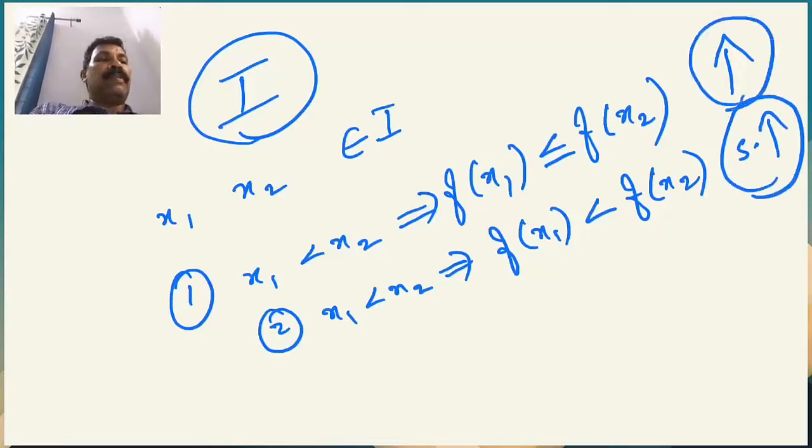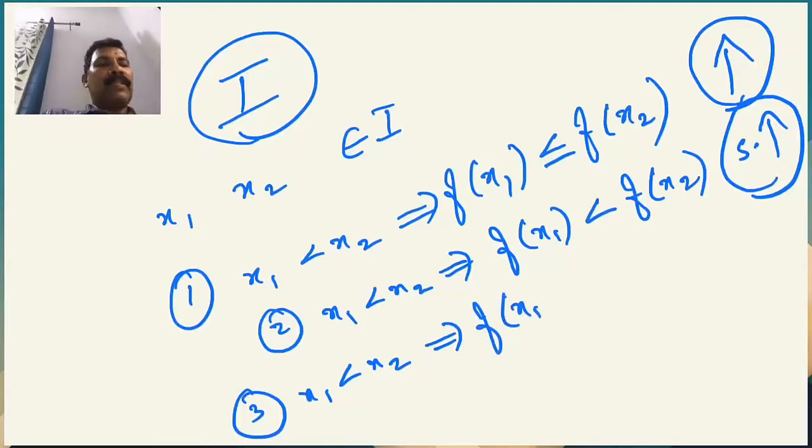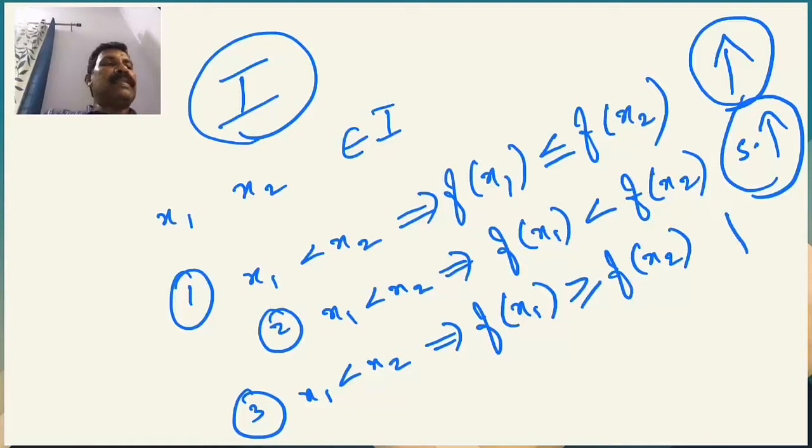Again, if x1 less than x2 implies f(x1) greater than or equal to f(x2), then the function is decreasing.